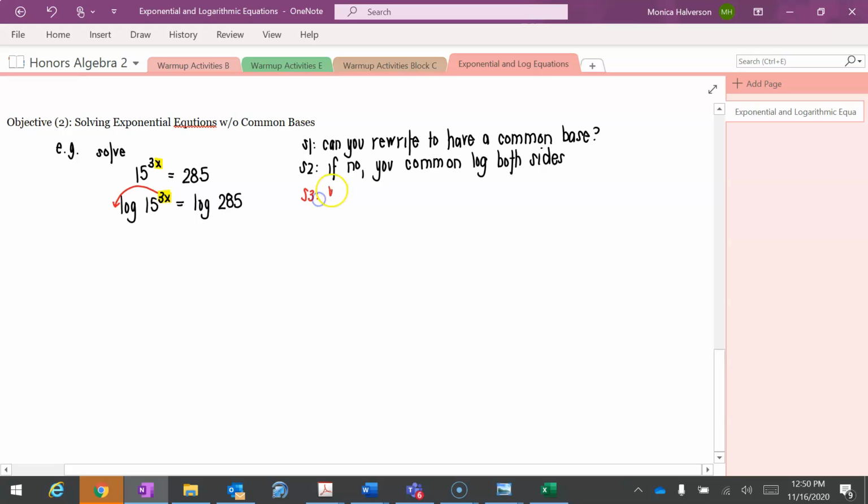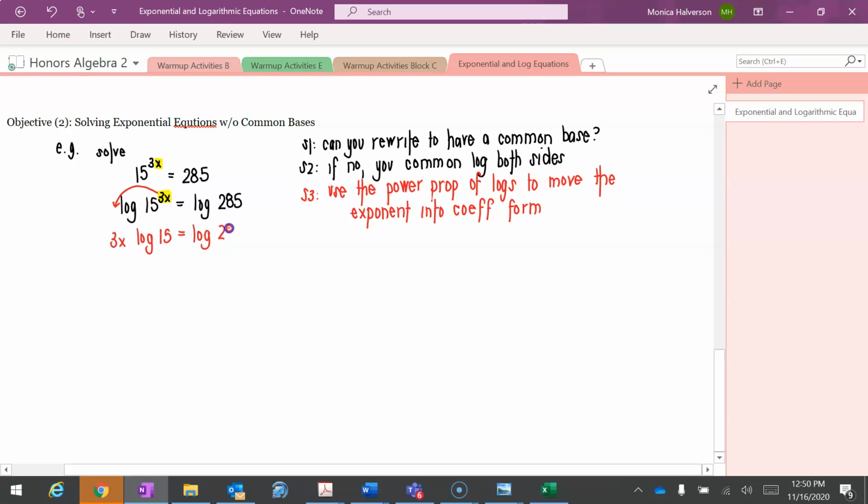So step 3 is we are going to use the power property of logs to move the exponent into coefficient form. Okay, so that takes us to 3x log 15 equals log 285.